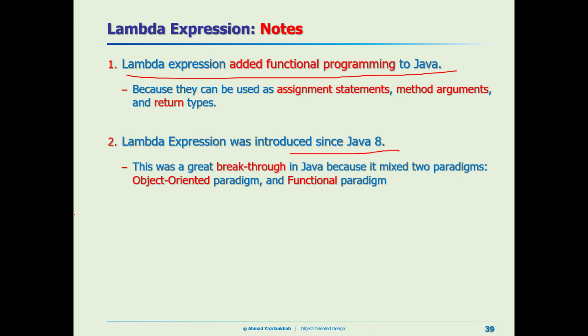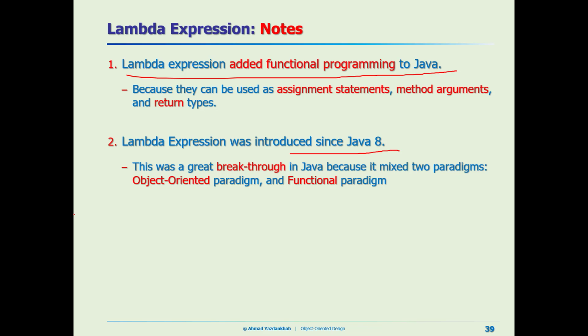Even though we didn't see some examples, all of the examples we have seen were for assignment statements, but we can pass a lambda expression as a parameter to a method, and also we can return a lambda expression from a method, right?